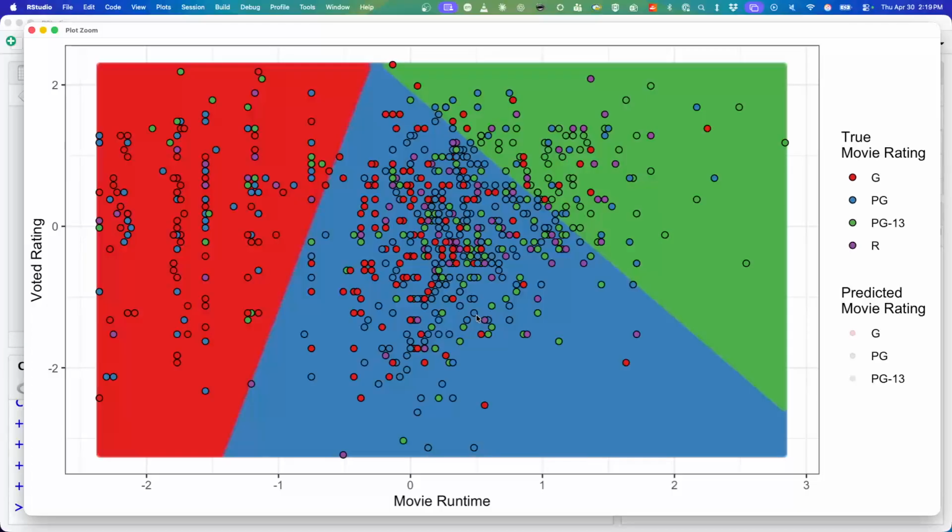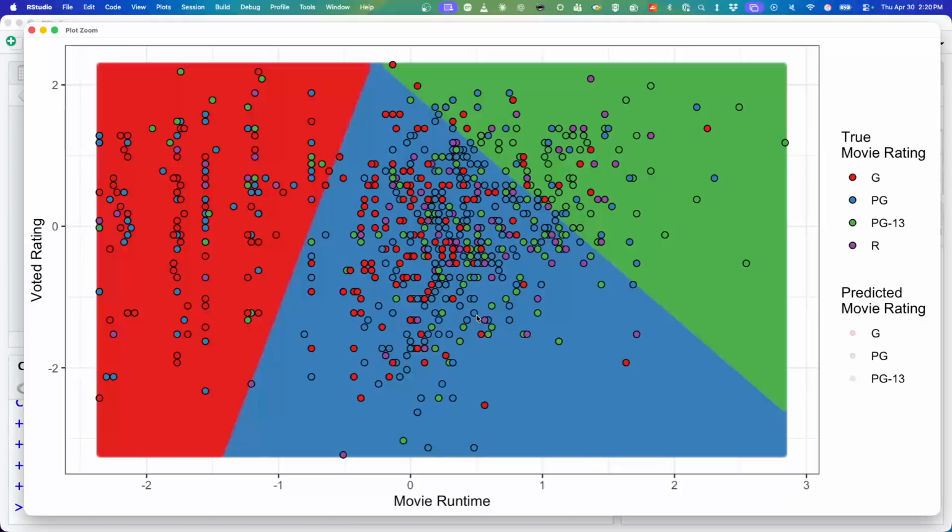Again, these are normalized, so LDA requires normalized variables. It'll end up looking something like this. Okay, so very similar to what we were seeing before.